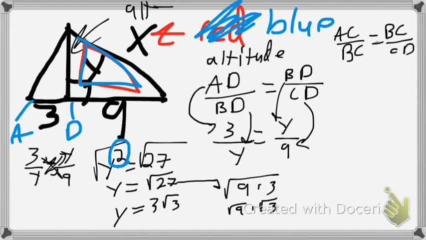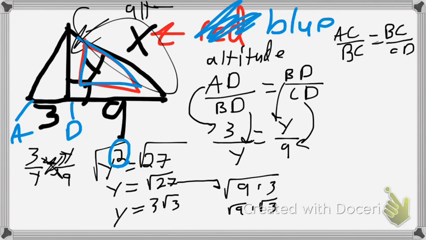So again, what that says is that the leg of the original triangle, BC, that's our X right there, is the geometric mean of the entire original hypotenuse and then that section of the hypotenuse which is next to the leg we're looking for. Our entire hypotenuse, we're not given it, but we can figure it out.